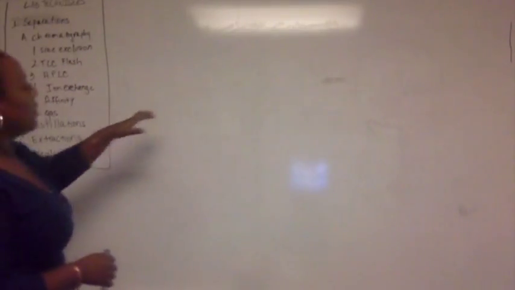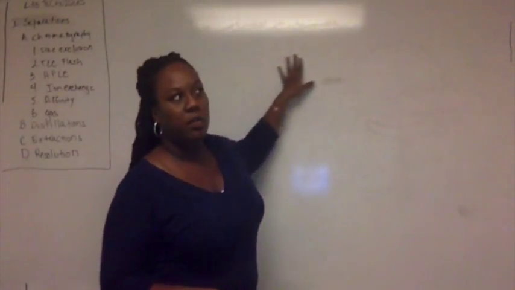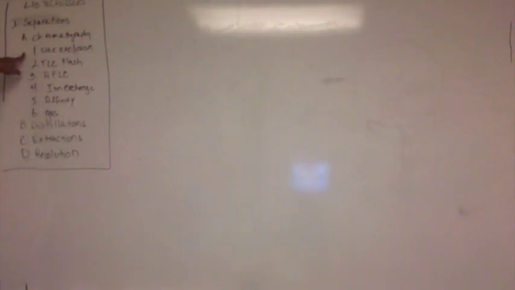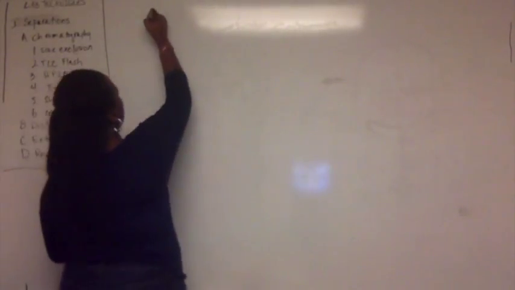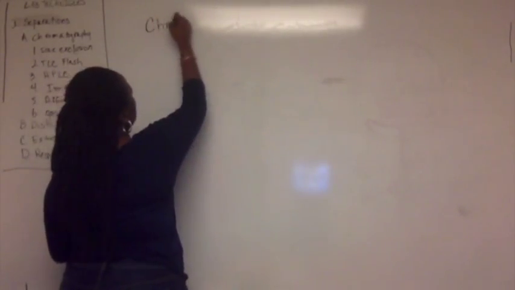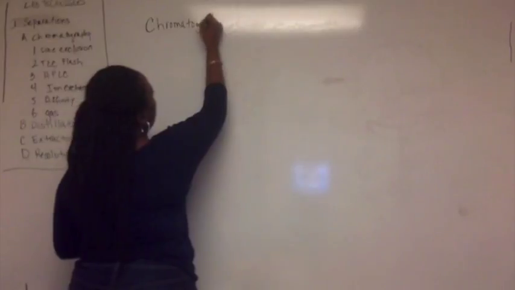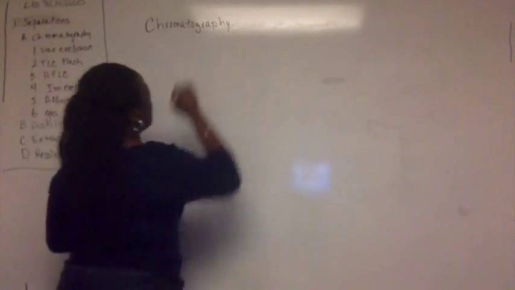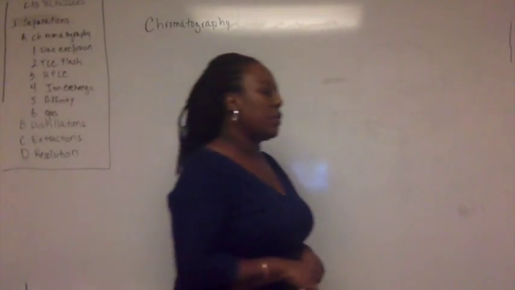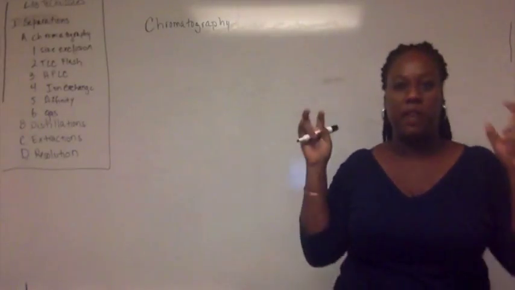So let's apply what we just talked about to this. Just like we could use the size for the corn, we can do size exclusion, is what it's called, for chromatography. So let's talk about chromatography. Chromatography has different parts, different phases.